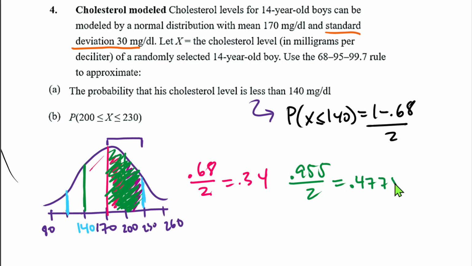Now, I hope you know what's happening. What do we want? We actually just want this little magenta area that's hiding behind the green area. So what are we going to do? We're going to subtract this.